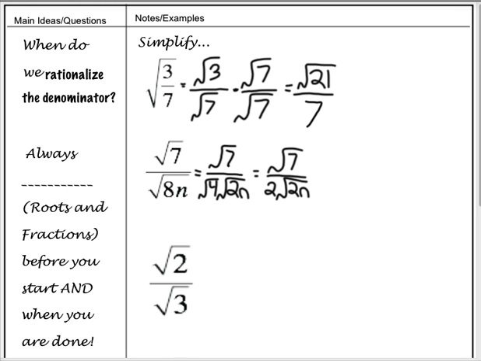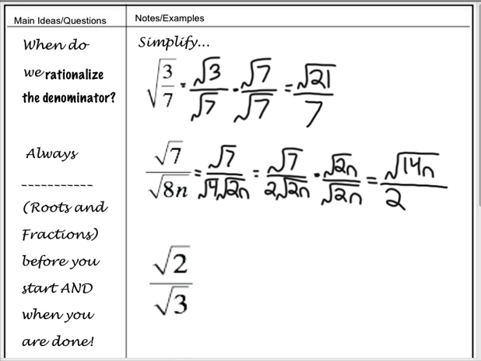Because now, notice, even after I simplify the radical, I still have a radical in the denominator. So what I'm going to do is multiply top and bottom by that radical that I'm trying to get rid of. So on top, square root of 7 times the square root of 2n, well, since both are inside the radical, I can actually multiply them together to get 14n. On the bottom, I have that 2, and now square root of 2n times the square root of 2n.